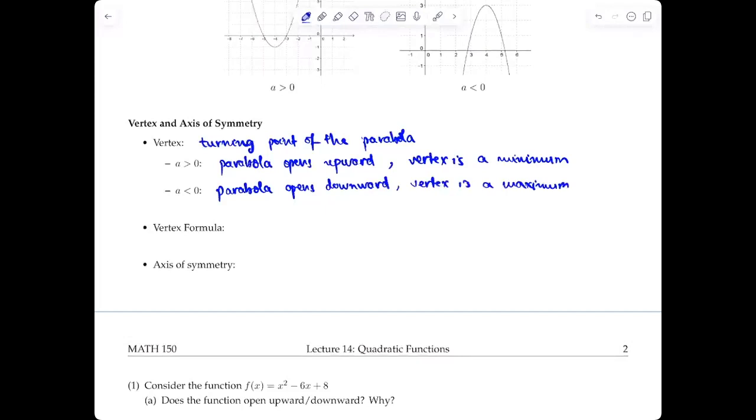In calculus 1, you will learn a technique to actually calculate a maximum value or maximum point and minimum value or minimum point precisely through a process called the derivative. However, that's for calculus 1.